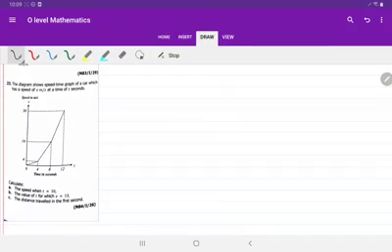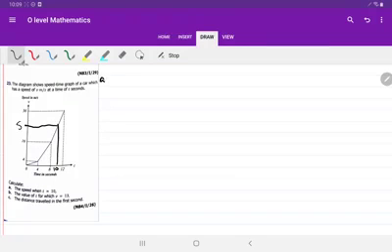The next question is the diagram shows the speed time graph of a car which has a speed of v meters per second at a time of t seconds. You need to calculate the speed when time is 10 seconds. Please realize that time 10 is here. So we need this speed somewhere here.